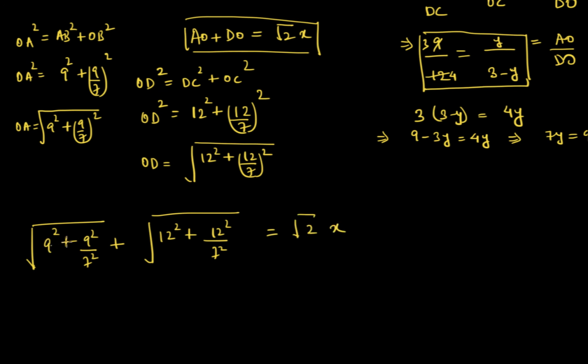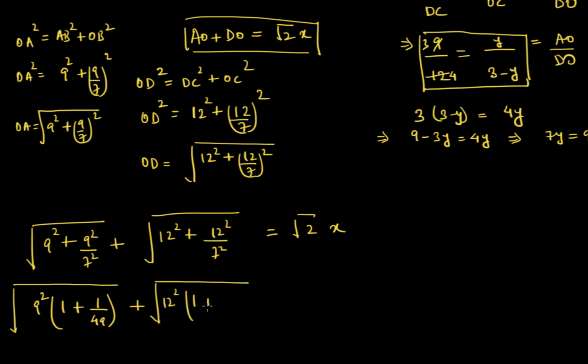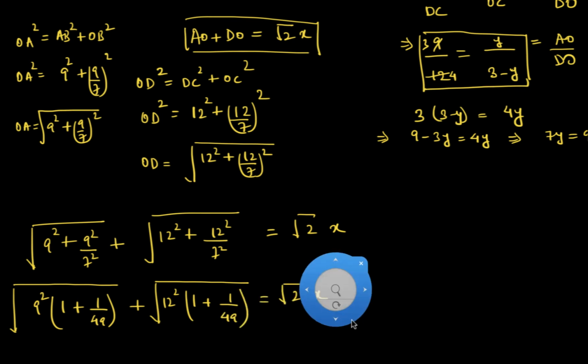Now I can see 9 square we have in common here. So I can pull out 9 square. Under root of 9 square, remaining is 1 plus 1 upon 7 square, and 7 square is 49, plus under root of, I can pull out 12 square from here. Inside I'll have 1 plus 1 upon 49, and this value is equal to root 2 times x.